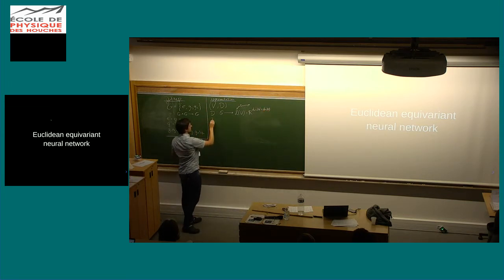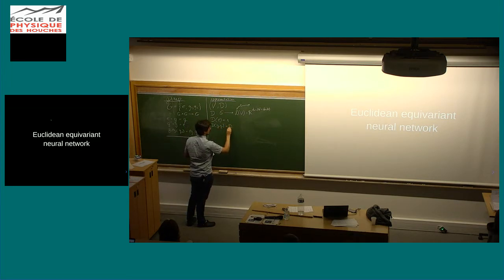The representation of the identity has to be the identity matrix. And if you take the representation of G1 times G2, it has to be the representation of G1 times the representation of G2.